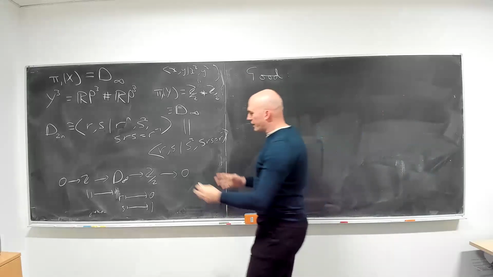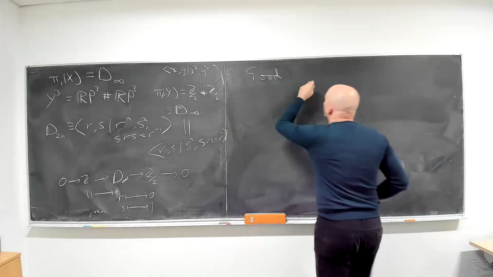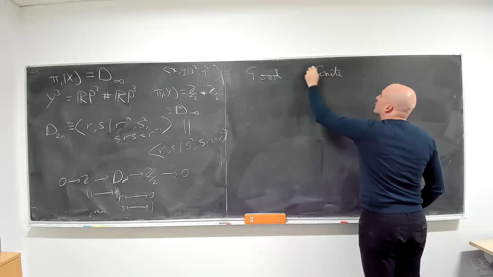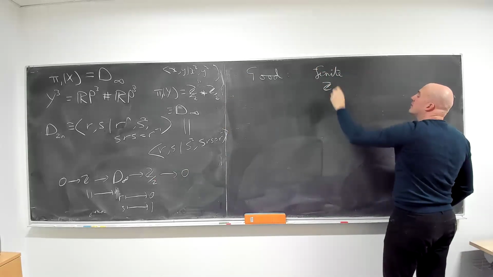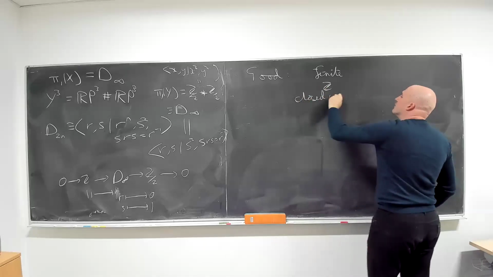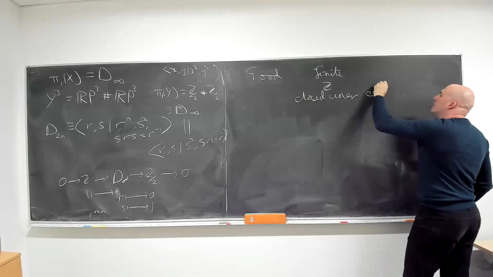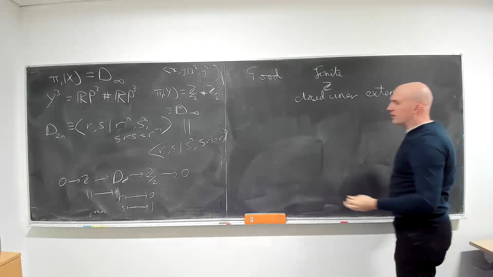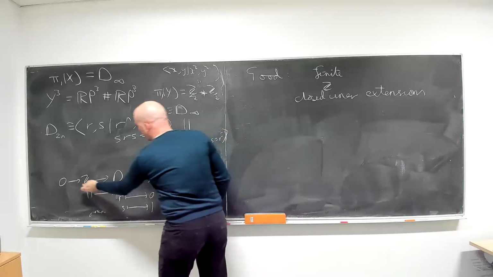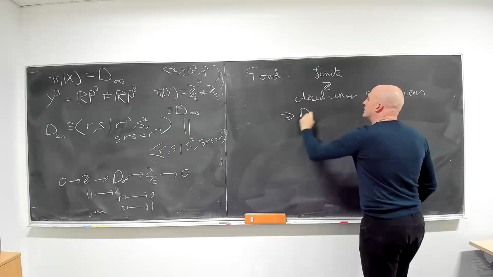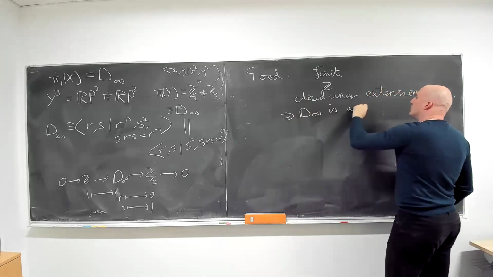Finite groups are good. Z is good, and the class is also closed under extensions. So since this is a finite group and this is Z, and it's closed under extensions, this means that the infinite dihedral group is a good group.